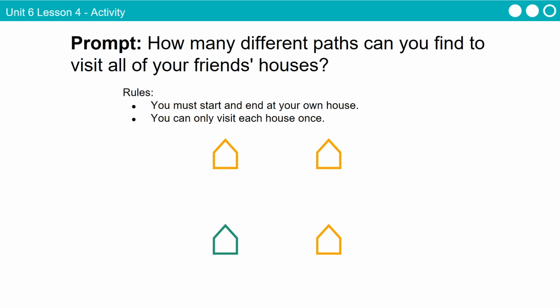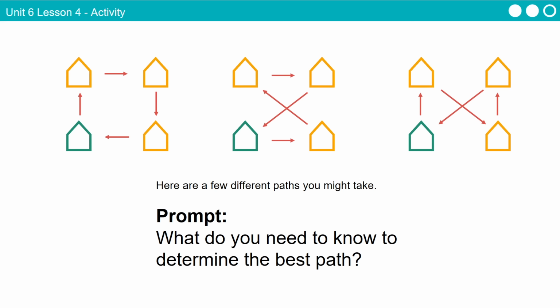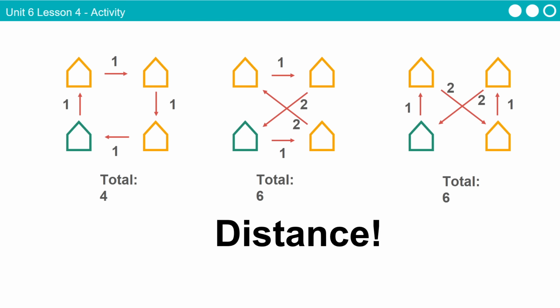This is an example. There are many different paths if you want to visit all your friends' houses. So you're the green one, and you want to visit all your friends' houses. There's a bunch of different ways you can go to visit them. But what do you need to know to find the best path to get to them? You need to know the distances, right? So if you knew the distances were like these, then maybe you can make some choices about which way to go.